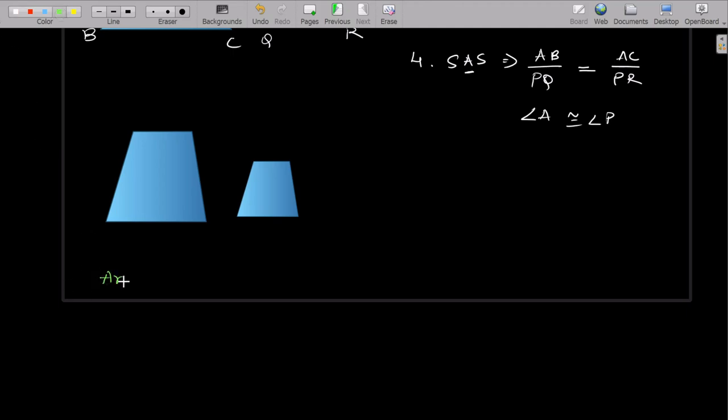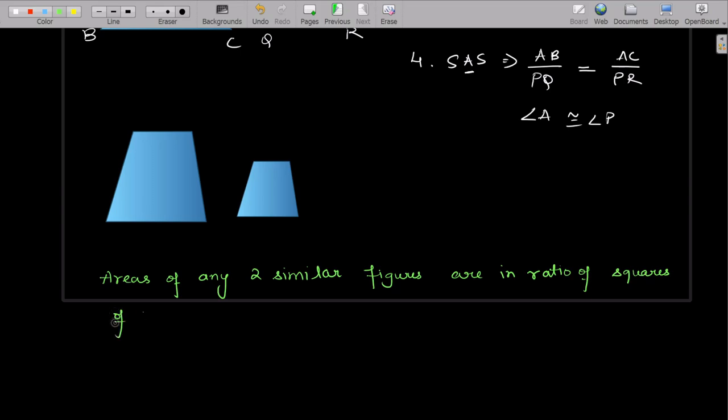Areas of any two similar figures, it doesn't have to be triangles, it can be any figure, are in ratio of squares of their sides.